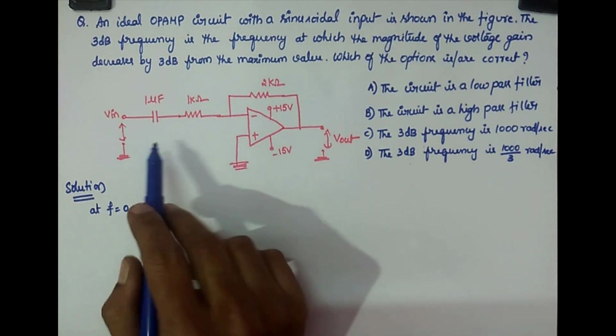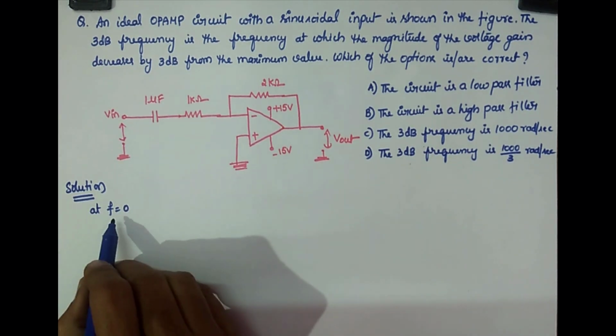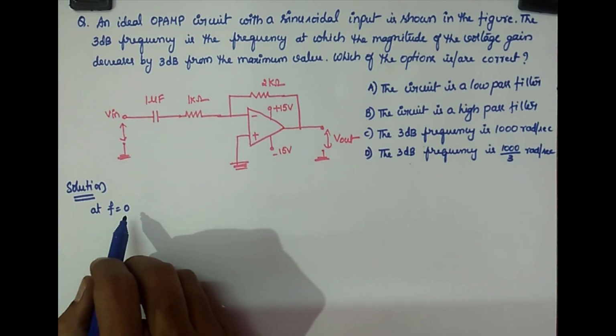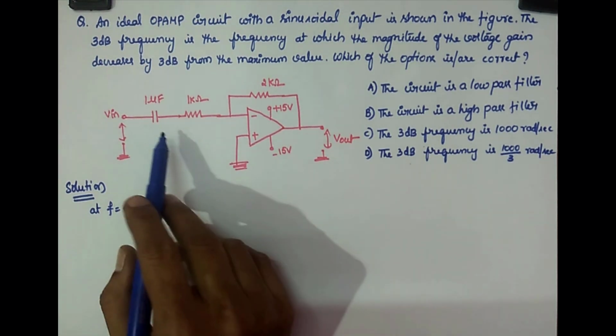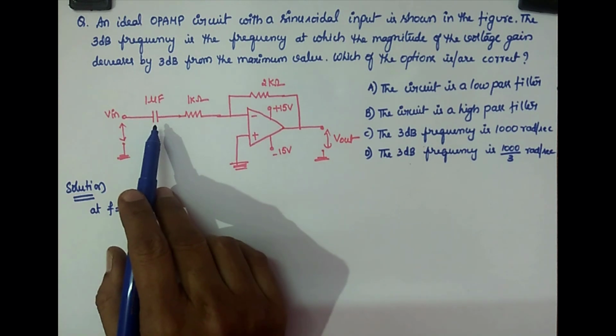As the circuit consists of only one reactive element, the capacitor, you have to check what will happen to the capacitor at frequency equal to 0. That is enough to identify whether the circuit is a low pass filter or high pass filter. You have to check the working of the reactive element, the capacitance, at high and low frequencies.